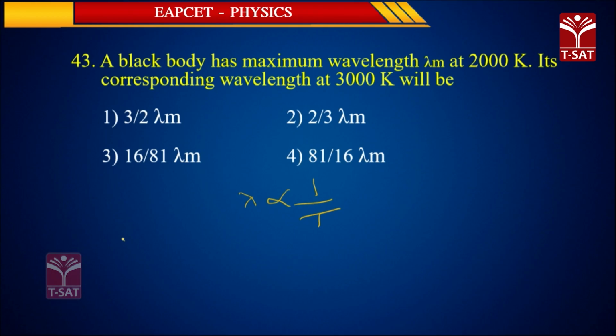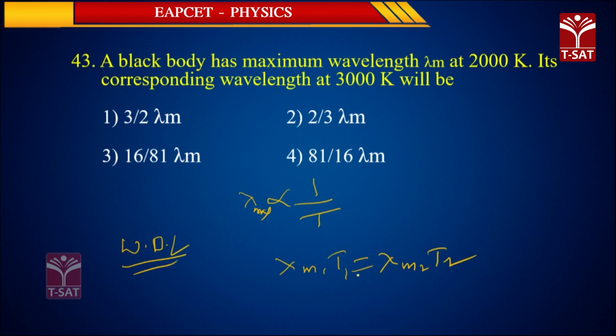Maximum wavelength is inversely proportional to the temperature. According to this, lambda m1 T1 is equal to lambda m2 T2.